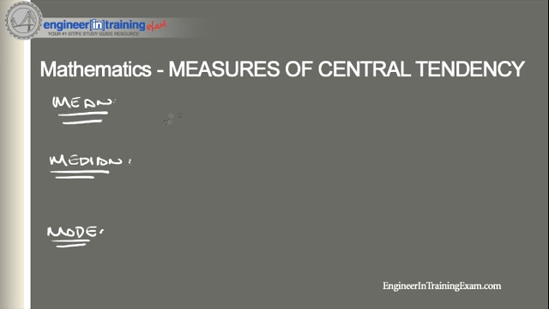So the mean is the average of a list of given values, and it can generally be stated as x bar is equal to the sum of xi divided by n, where xi is the values inside the list, and n is the number of values in that list being summed.